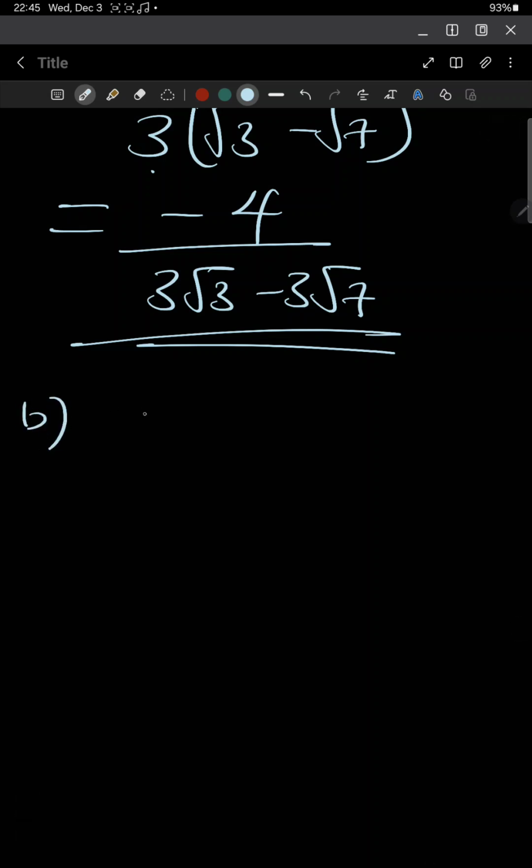Our second question is x plus square root of y over, let me put here negative. We are still focusing on rationalizing the numerator. Same principle, so it will change.